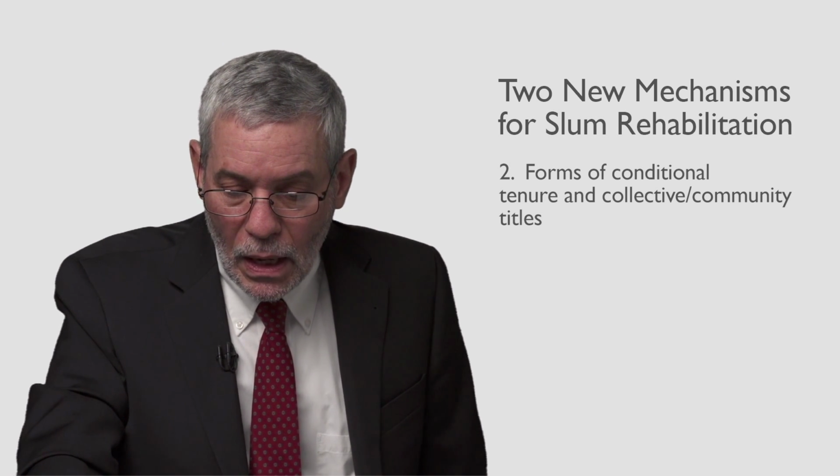Alternatively, a collective title may be created that places the ownership right in a community group. The whole block of landholders can be included in the collective with undivided shares of the title right.